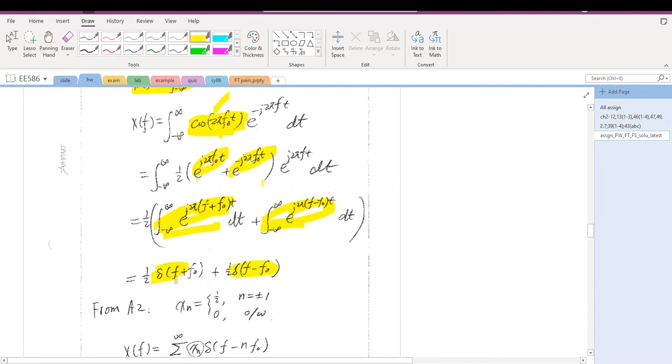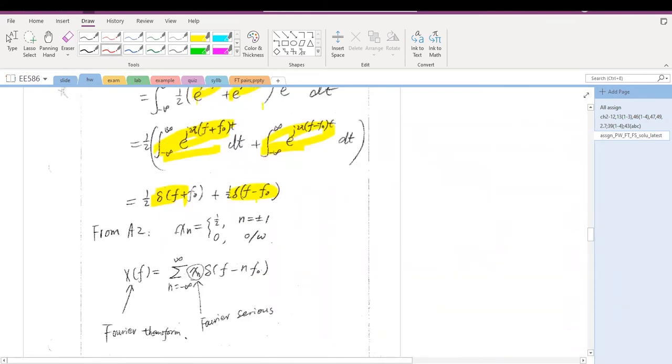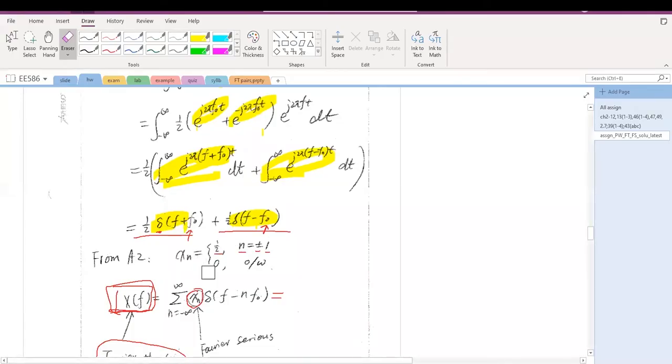This is a delta function at minus f naught. This is a delta function at f naught. We know from the previous question that the Fourier series is equal to half for n equals plus 1 and minus 1. Now relate the Fourier series to the expression of the Fourier transform here.